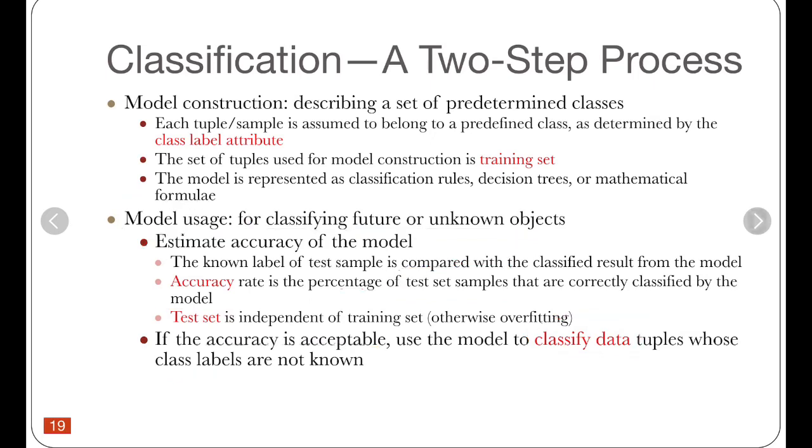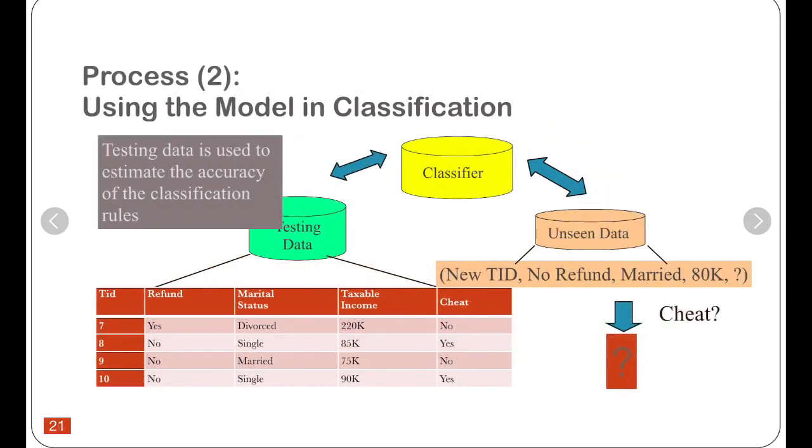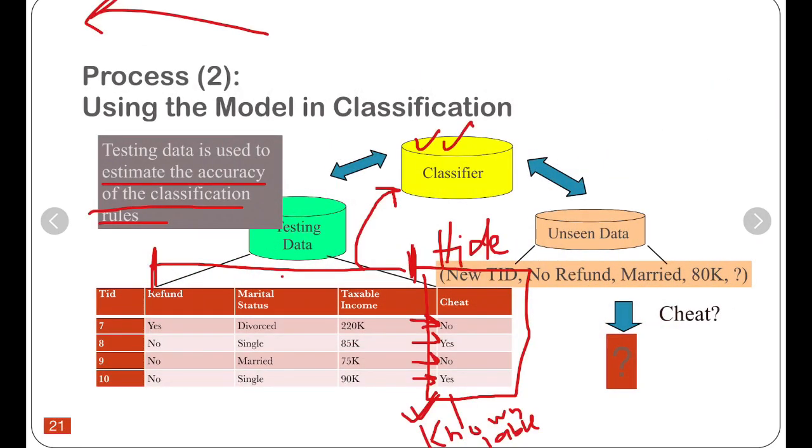For example, the classifier has classified this as yes, this as yes, this one as no, and this one as yes.